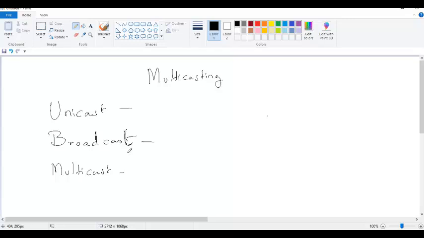That's a host address. Now, when you say multicast, talking to a group, to which address are we going to talk?